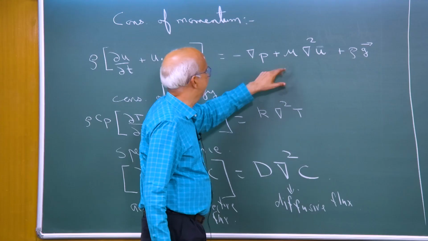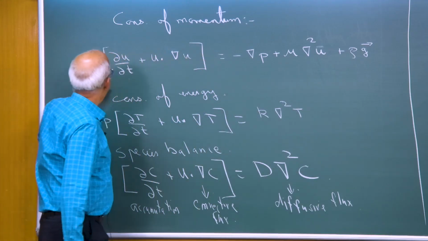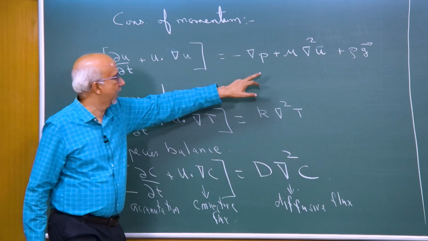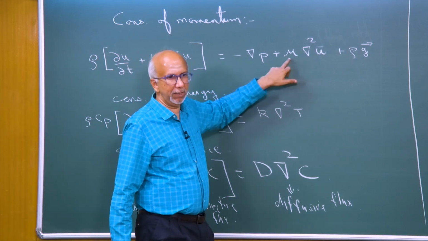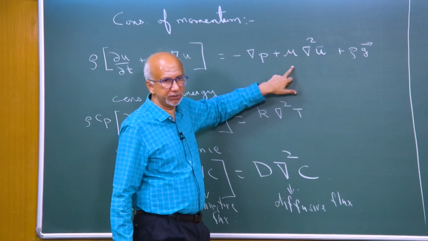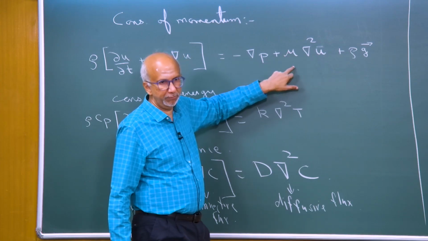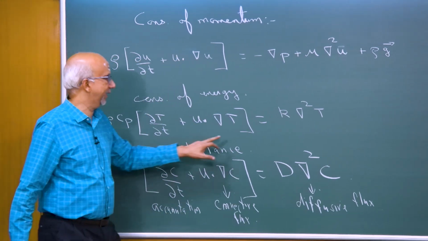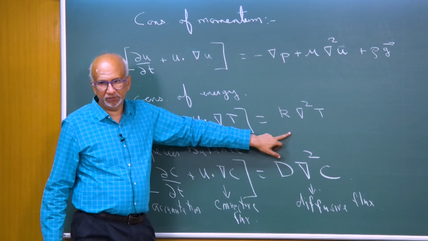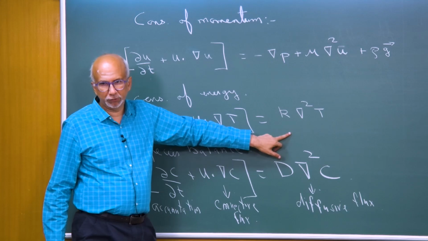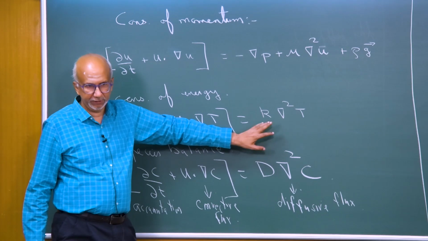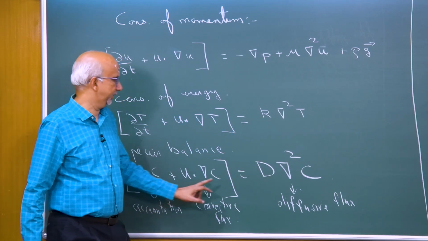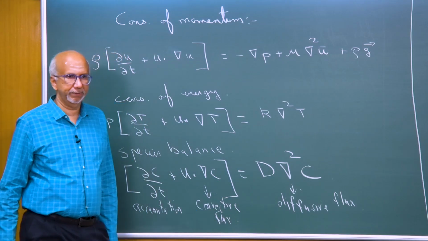Now, if I want to divide this equation by rho throughout, the del square u will be multiplied by kinematic viscosity, which has units of meters squared per second. If I divide this by rho Cp, I get k by rho Cp, which is alpha, the thermal diffusivity, okay, which has units of meters squared per second, and this D also has units of meters squared per second, okay.